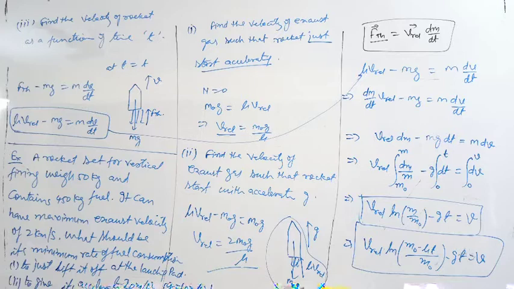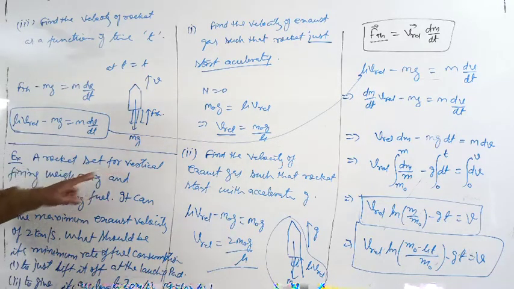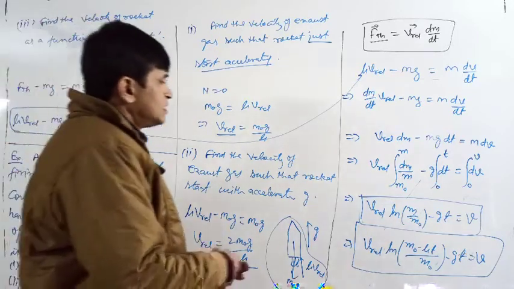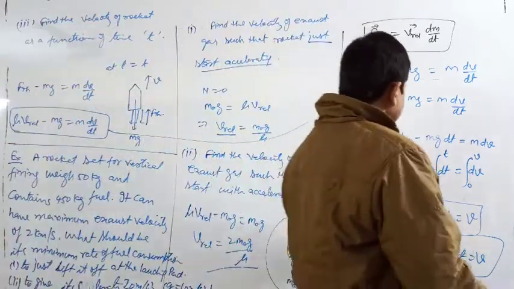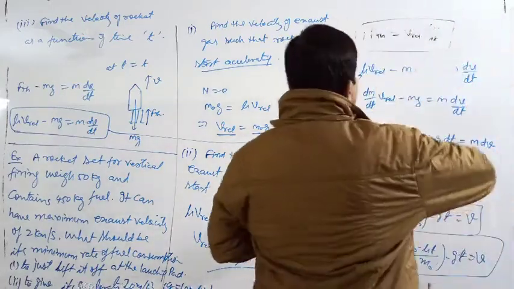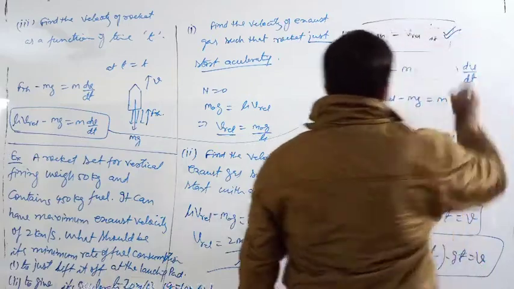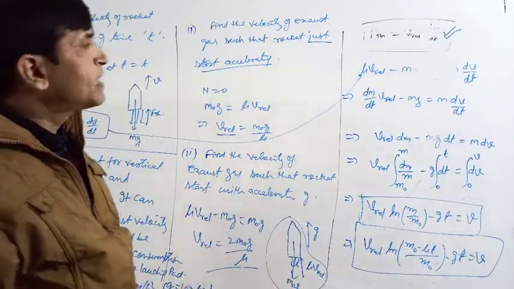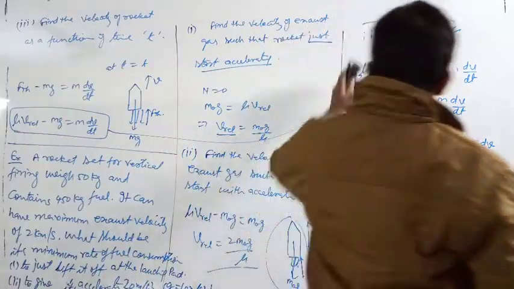Okay, so first of all, a rocket set for vertical firing weighs 50 kg and contains 450 kg fuel. These equations you can either remember, or if you are able to recall this formula, F plus V relative dm by dt, that's enough to solve the problem.